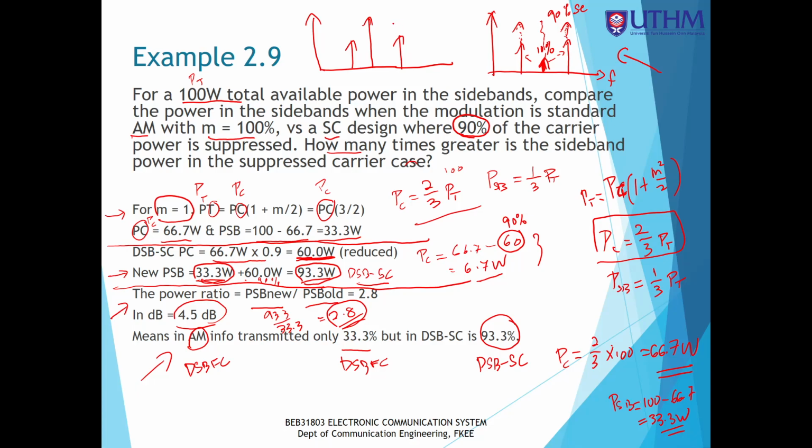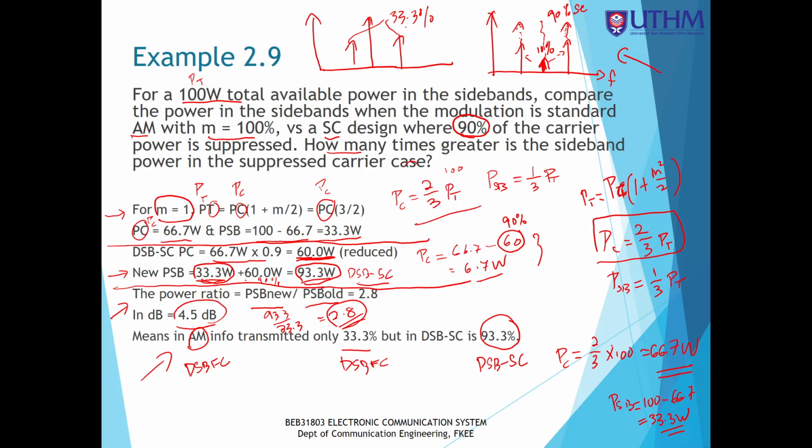You see that here 33.3% is for both sidebands, not each of them. Whereas for the suppressed carrier we get 93.3% for both sidebands.